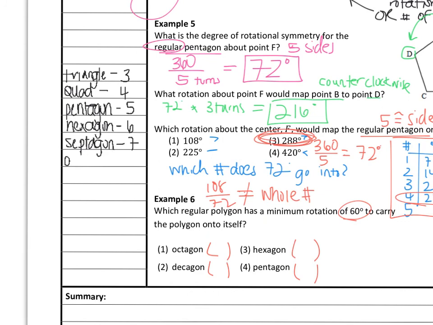Octagon, like an octopus, has 8, just like an octopus has 8 legs. Nonagon has 9. And decagon has 10. Decagon, like a decade, 10 years.